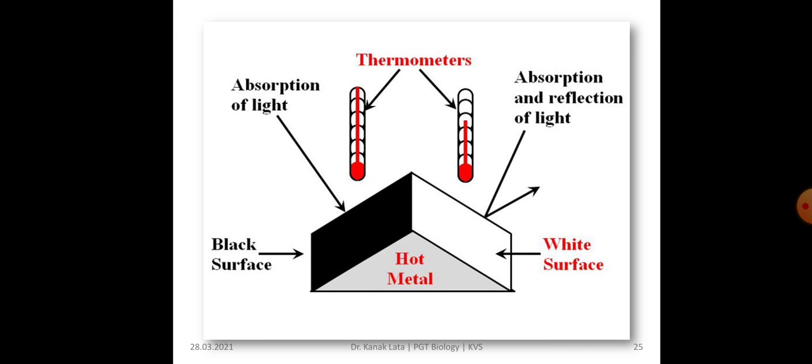Here you can see that two thermometers are kept. The black surface absorbs more sunlight, so the level of mercury in the thermometer is higher. Next to it, on the white surface, the level of mercury is lower. So absorption and reflection of light is seen in both the dark black surface as well as the white surface.